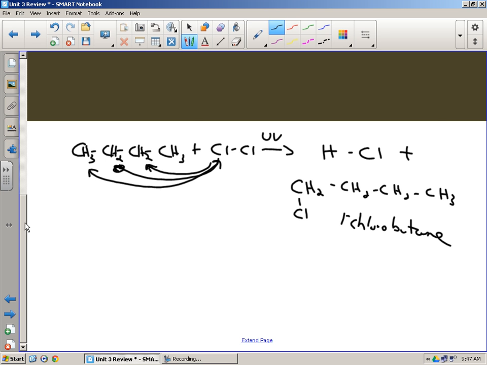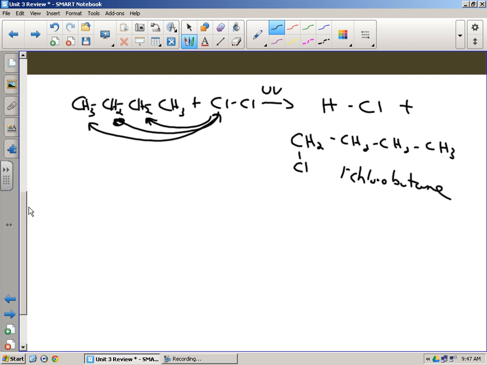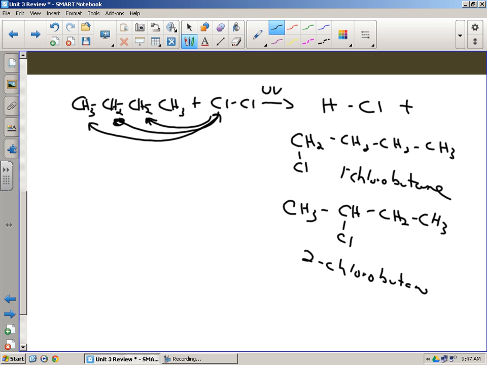And the other option is if it goes on the second one there. That would be CH3, and I'll take the H off of that one and replace it with a chlorine, CHCl, CH2, CH3, and that would be 2-chlorobutane. And, of course, hydrogen chloride as well. Once again, don't forget about that. So that's substitution.